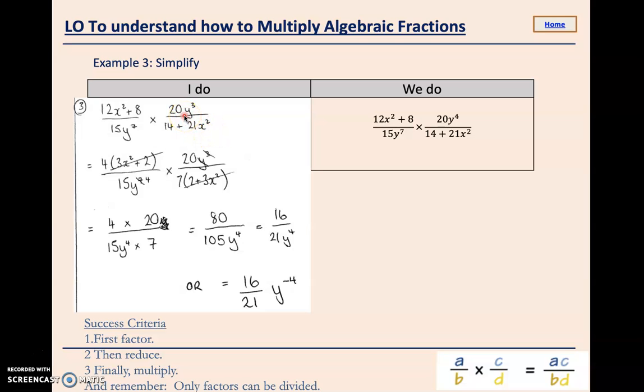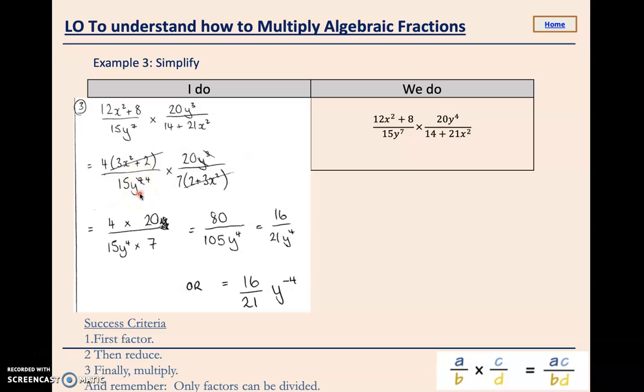Now here is where something interesting happens again. So we know that these two factors here cancel one another out, but we remember that if we are dividing terms that have the same term, so both are y, so if we do y to the power of 3 divided by y to the power of 7, that's the same as taking away the powers.